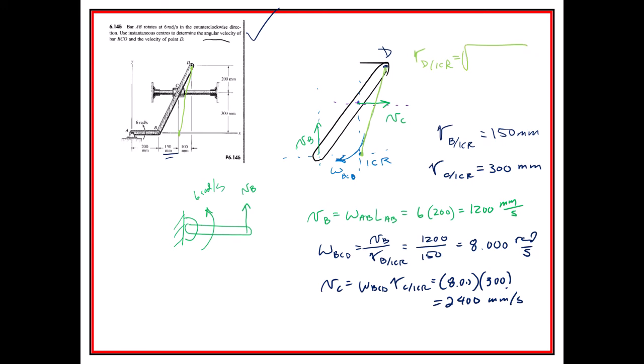So the square root of 100 squared plus 500 squared, or 509.9.